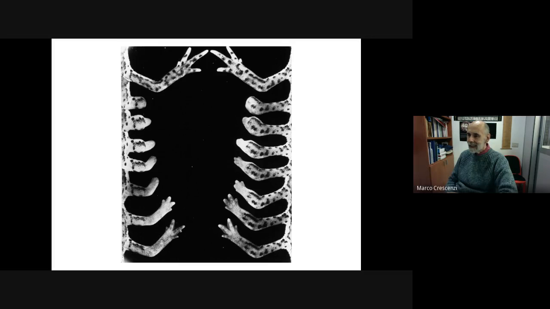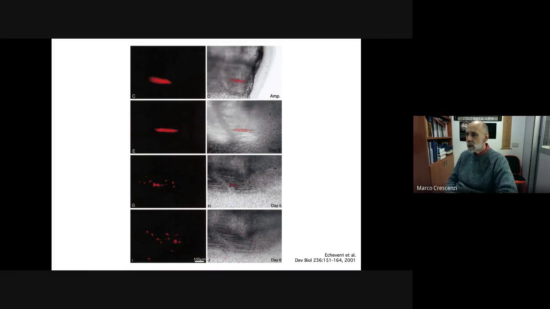And here is an interesting piece of evidence that shows how an amputated limb is regenerated. What you see here is a single myofiber, a muscular fiber, in a limb, which has been injected with a red fluorescent stain so that we can follow this individual fiber. The limb has then been amputated in the proximity of the fiber. And here is what happens in a matter of a few days.